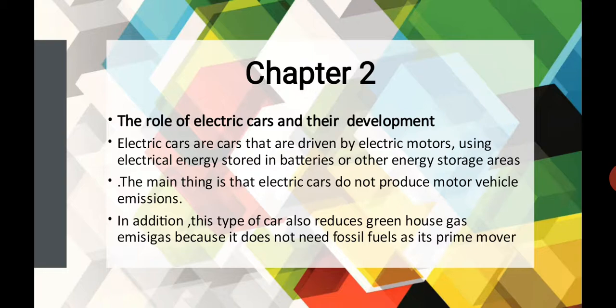Second, the main thing is that electric cars do not produce motor vehicle emissions. Third, in addition, this type of car also reduces greenhouse gas emissions because it does not need fossil fuels as its prime mover. The next slide.